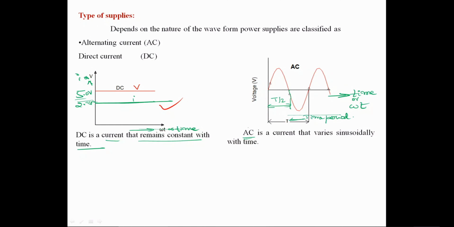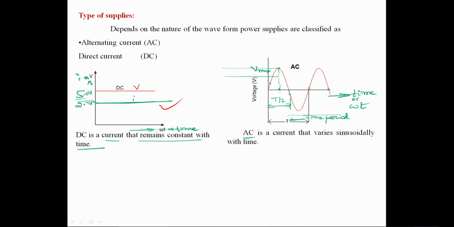In this total time period, half is T by 2. So the AC voltage waveform or current, whatever it is, both voltage or current, one and the same, will look like this. It increases like this and attains a maximum amplitude. So this is the maximum amplitude, termed V max, if it is a voltage waveform.